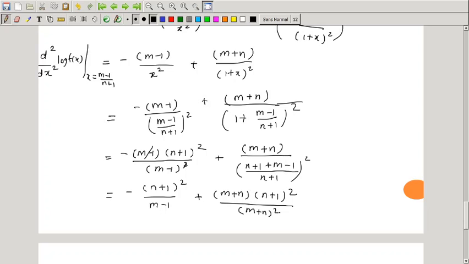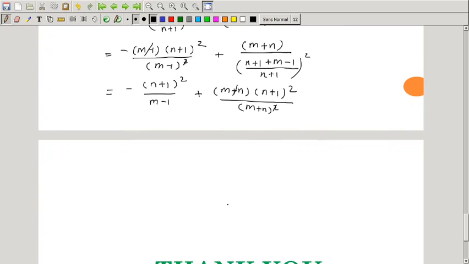Okay, so this one term can get cancelled. In both terms, (n plus 1) bracket square is common, so I take it outside the bracket, and minus 1 upon (m minus 1) plus 1 upon (m plus n).